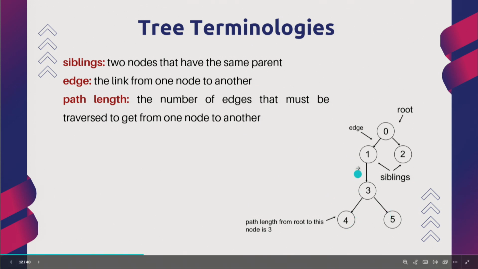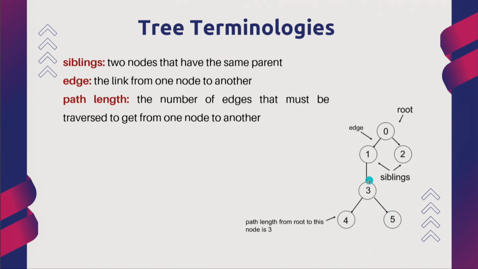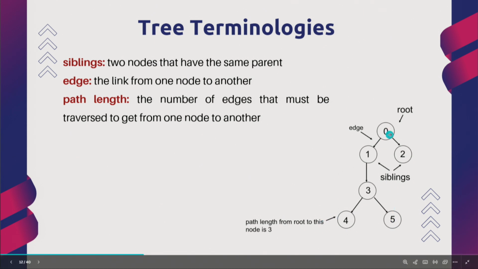And when we talk of descendant and ancestor, for 4 and 5, 1 is an ancestor, and 4 and 5 are all descendants of 3. And for root, all of them are descendants, and for all of them root is an ancestor.